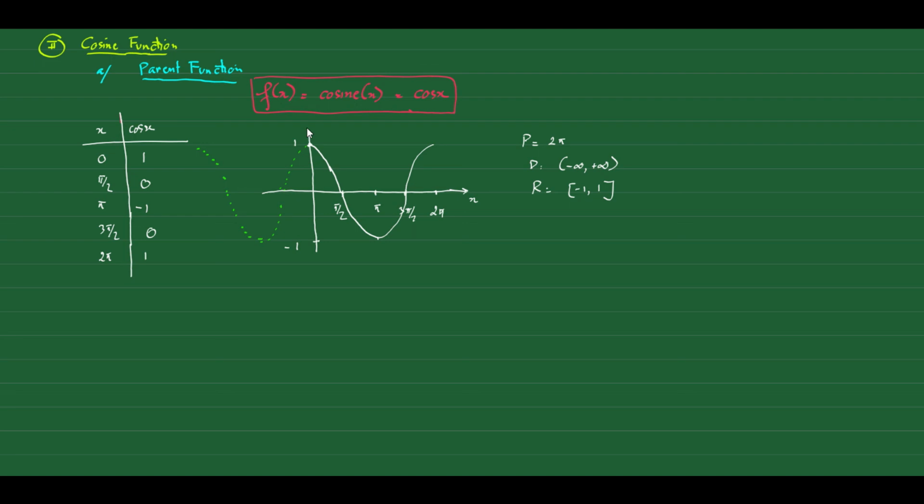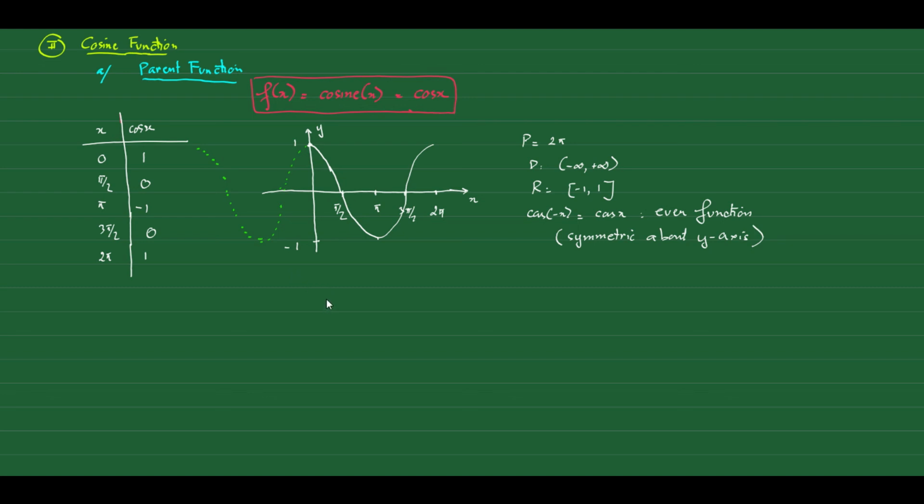When a function is symmetric about the y-axis, we call that an even function. That's why we have cosine of -x equal to cosine of x. Remember, the property of an even function is f of -x equals f of x, and it is symmetric about the y-axis.